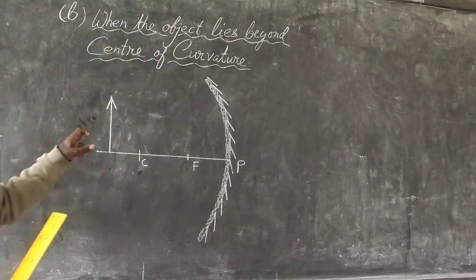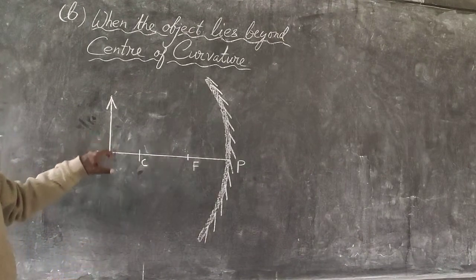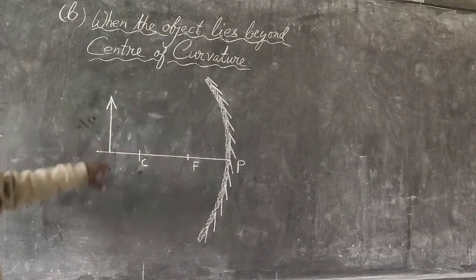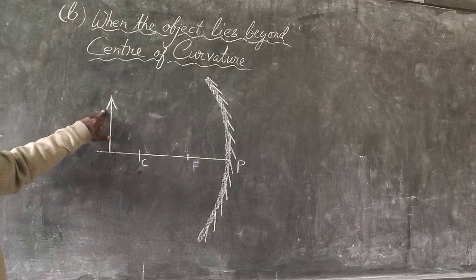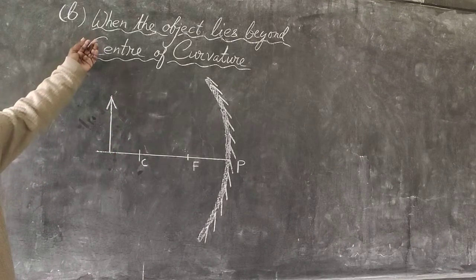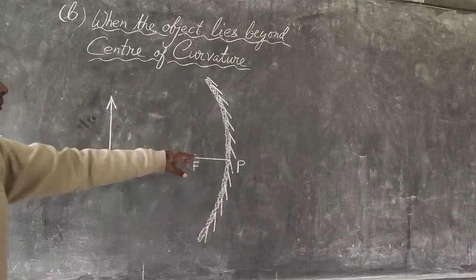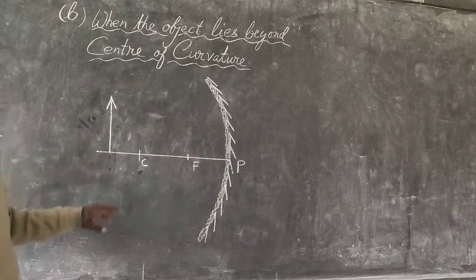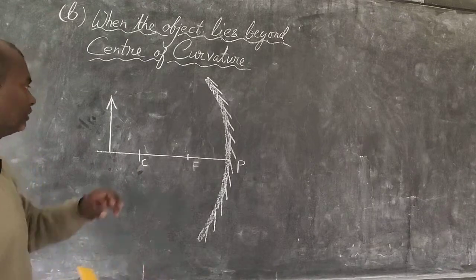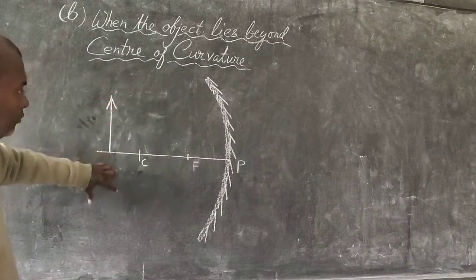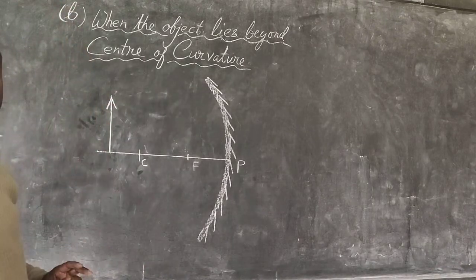Now you might feel this is strange. What sun is drawn over here? The arrow sign in this line symbolizes that the object's head is towards the upper side of the principal axis. Like for example a tree. The roots of the tree will be downwards and the branches will be on the top.